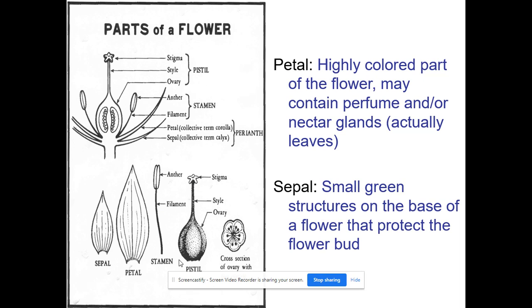When we take a look at the cross section of a flower, the biggest thing that this slide is trying to show you is that there are two different leaves to the flower. The one you're most familiar with, the one that catches your eye, is known as the petal. It's the highly colored part of the flower, and sometimes it even has a perfume or smell to it.